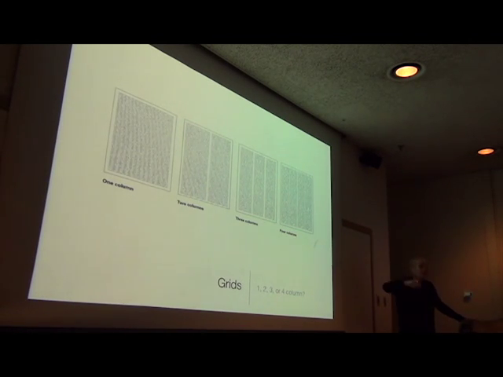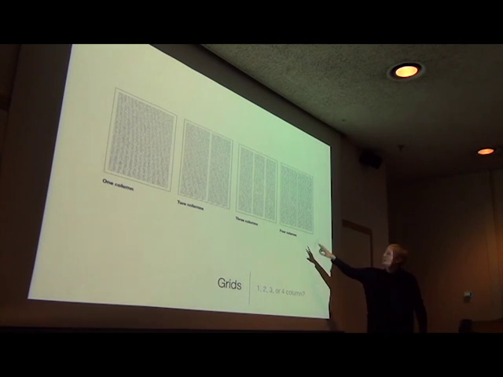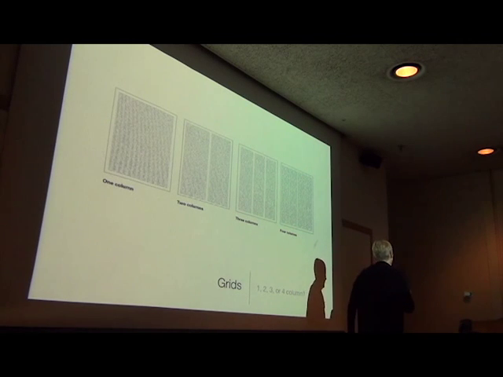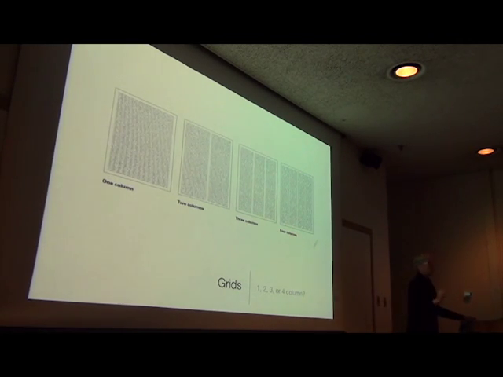How many columns you can have is very dependent on what size your book is. If you have a very narrow book, you can basically have a 1-column grid. With a wider book, you can have a 2-column or 3-column grid. The narrower your column gets, the harder it is to work with your type. You can see that in a newspaper, where type looks hideous in smaller and smaller columns.